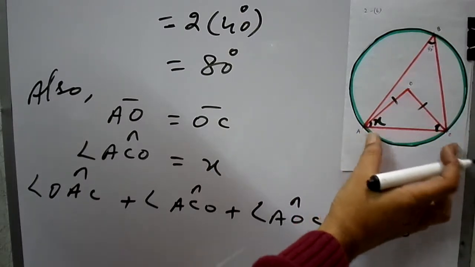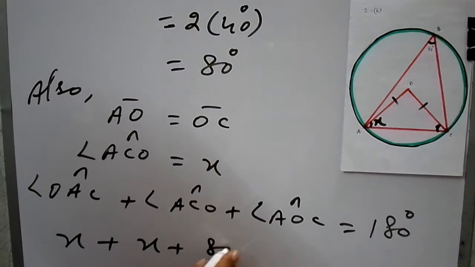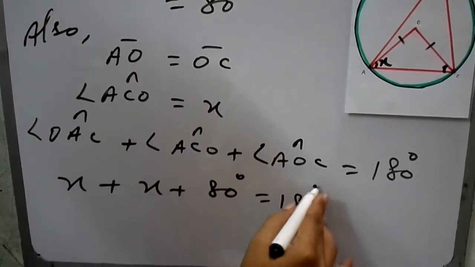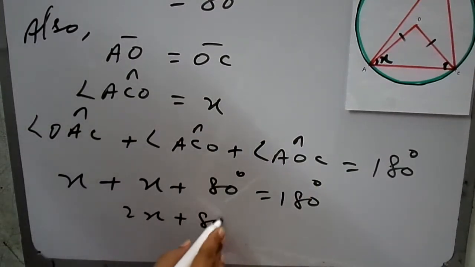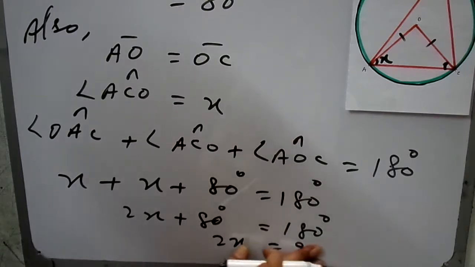So putting the value X, X here, that is X plus X plus 80 degrees is equal to 180 degrees. So you need the value of X. Once again, by the same methodology, 2x is equal to 180 minus 80, you will get 100.